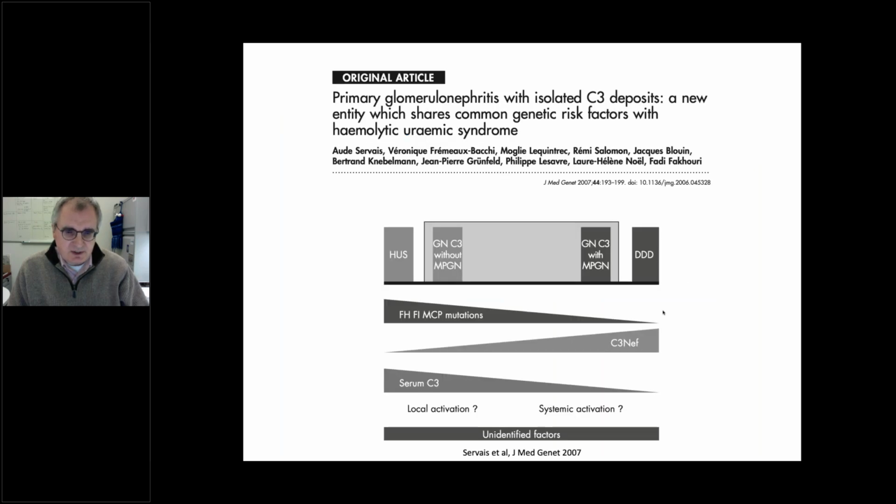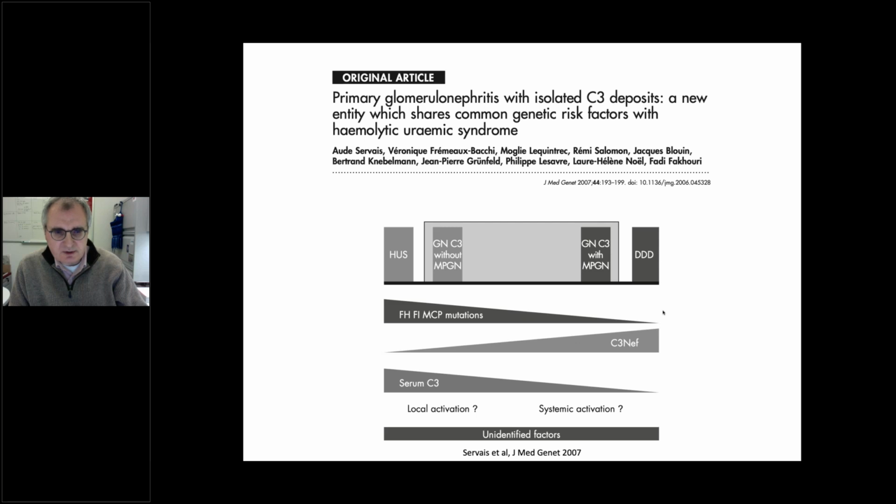And it really was triggered by a seminal publication by the French group, lead author here Servais, who appreciated that complement defects, in a spectrum fashion, are involved not only in HUS and thrombotic microangiopathies, but also in C3G, or rather in MPGN at that time, and that both conditions could share defects in the same system, which is the alternative pathway of complement.